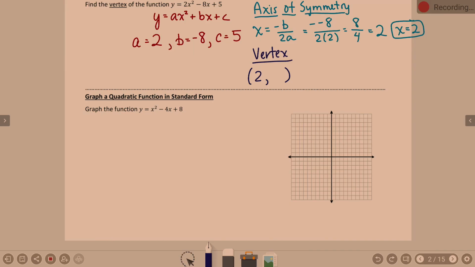So 2 comma something. How do we find the rest of that vertex? Plug and chug, yes. Take the 2, plug it into the equation.